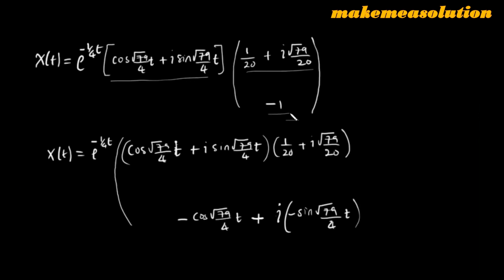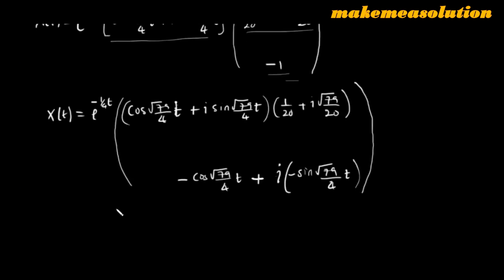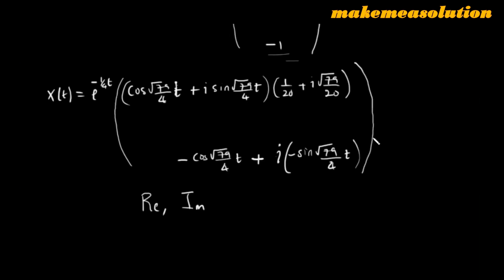You just expanded these terms with minus 1. So I collected it like this for a particular reason. I'll show us later. Now that we have it like this, our objective is to try to separate the real parts and the imaginary parts of this particular arrangement. So we are going to expand and collect all the real parts, and we're going to collect all the imaginary parts.